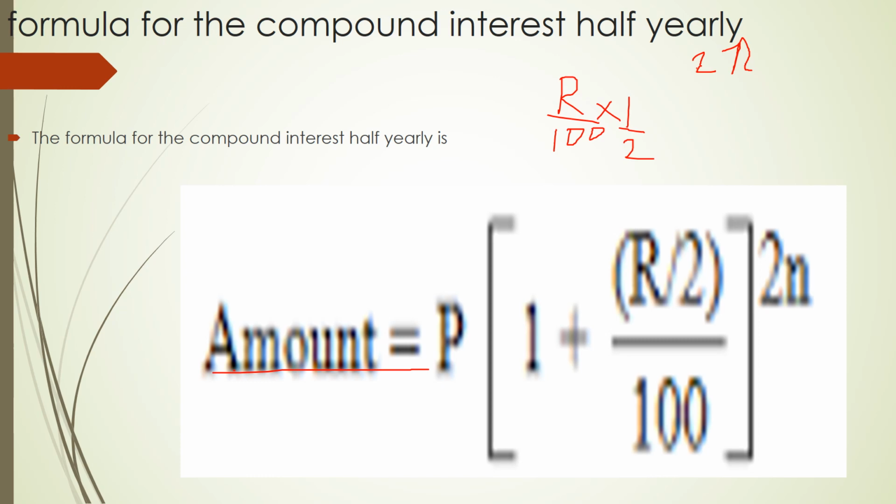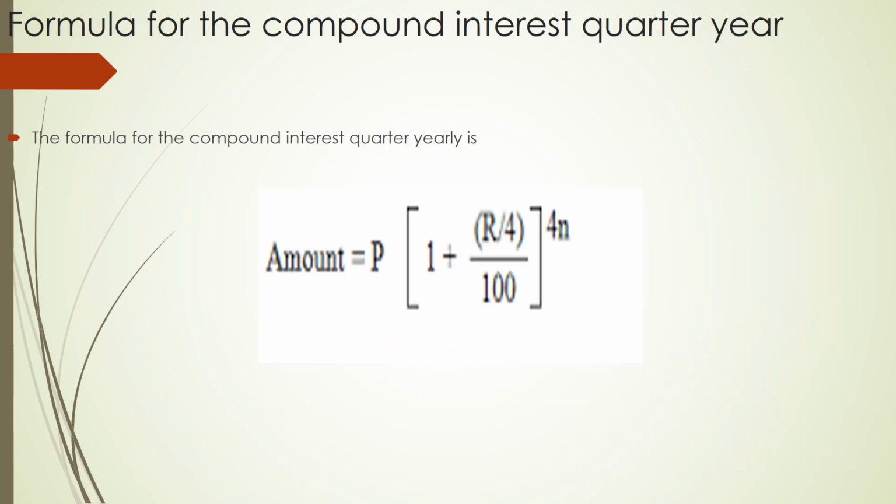Now we are going to see the compound interest formula for the compound interest compounded quarterly. Here we use the same formula as we did in the half yearly, but the only change we need to do is, instead of R by 2 you use R by 4.